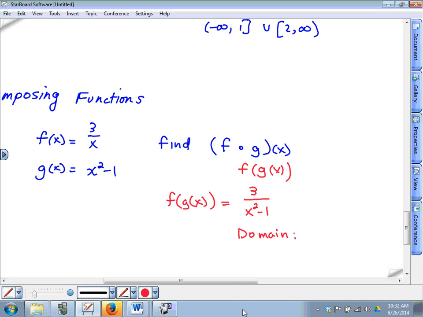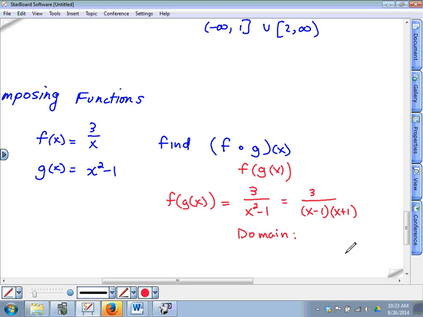Positive one doesn't work. Negative one doesn't work. How come? It would make it 0 on the bottom. If you're having trouble seeing that, check this out. X squared minus 1 is really just the product x plus 1, x minus 1. It's just the difference of squares. So x can't be positive 1, x can't be negative 1.